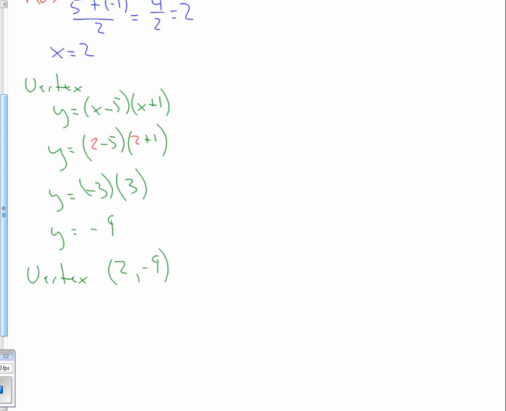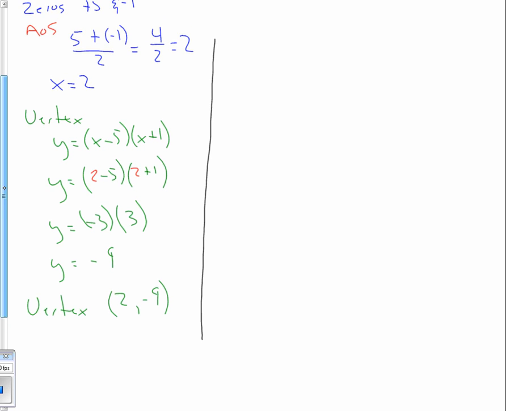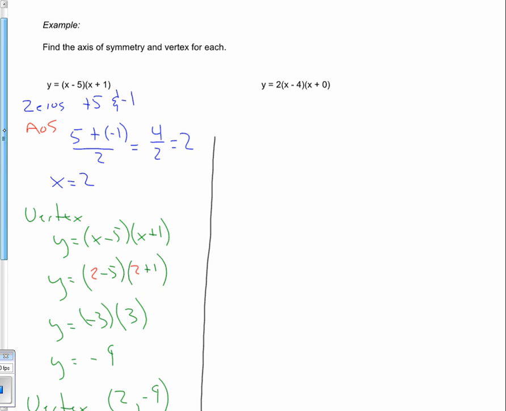So let's take a look at the next example, a little higher up on the board. In this one, again, we have an equation, and what we need to do is figure out the zeros first. It's already written for us in factored form, so our zeros are going to be positive 4 and 0.